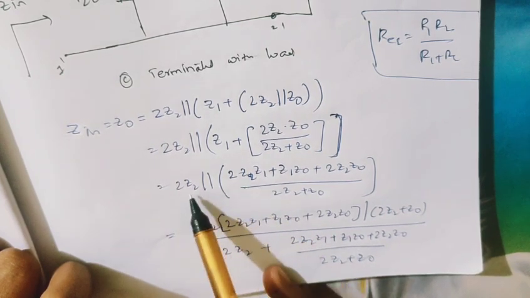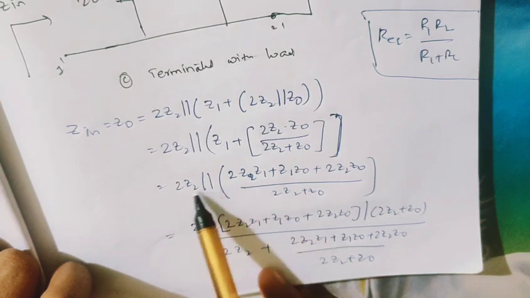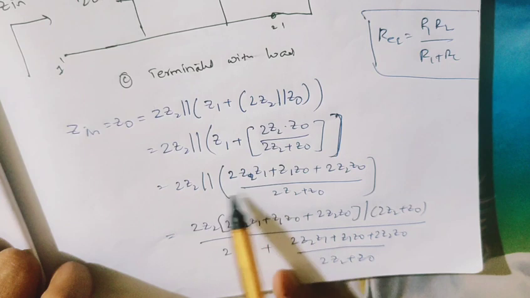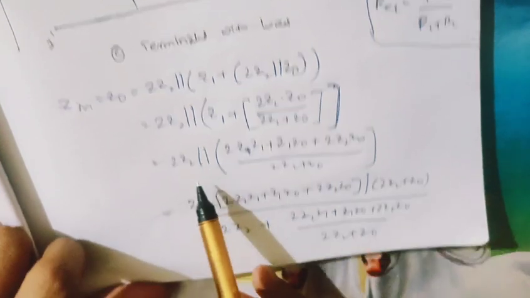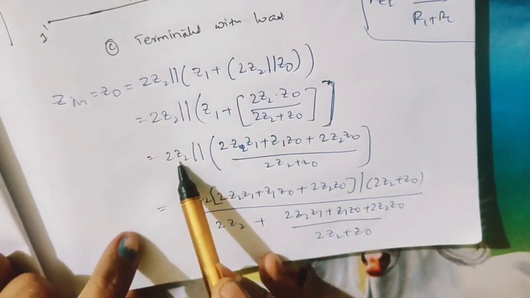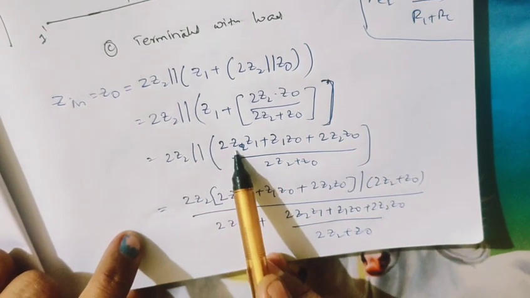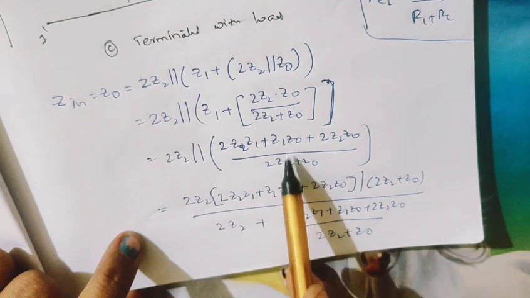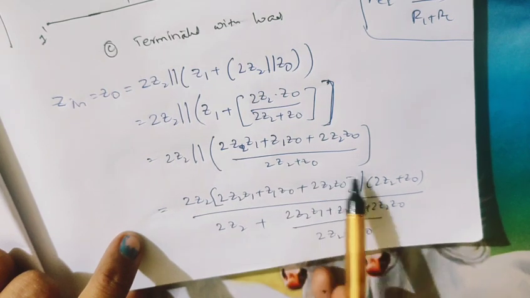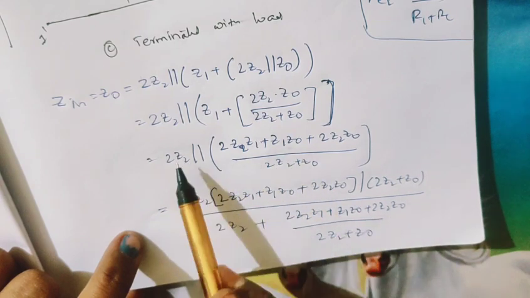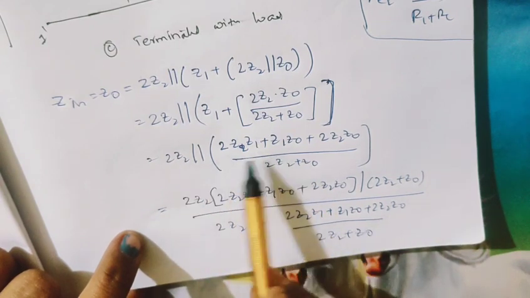Already we know that if any two impedances are in parallel, the combination is this impedance into this impedance by the sum of these two impedances. So this is 2Z2 into this entire term, 2Z2 into (2Z2 Z1 plus Z1 Z0 plus 2Z2 Z0) by (2Z2 plus Z0), divided by the sum of these terms.